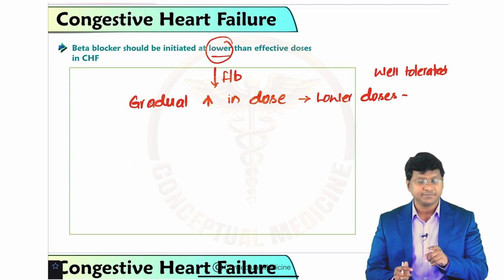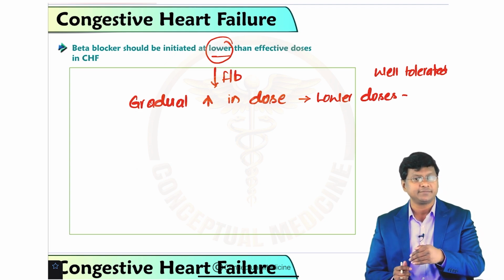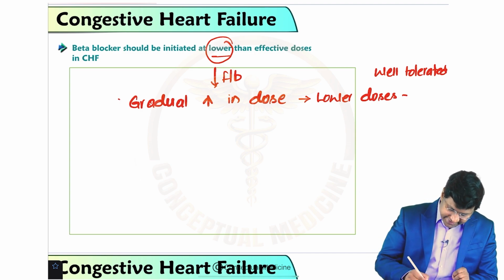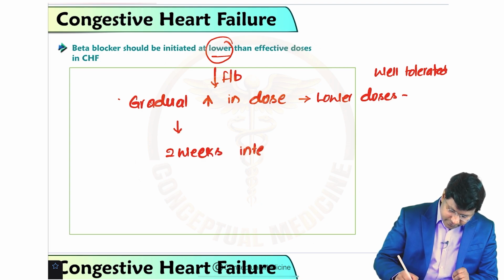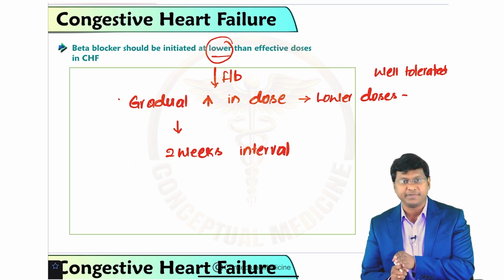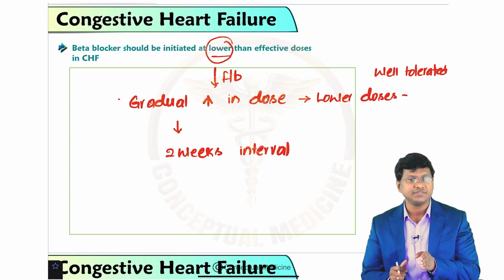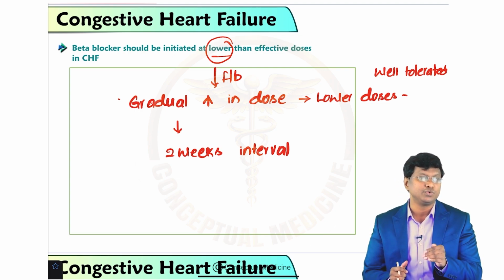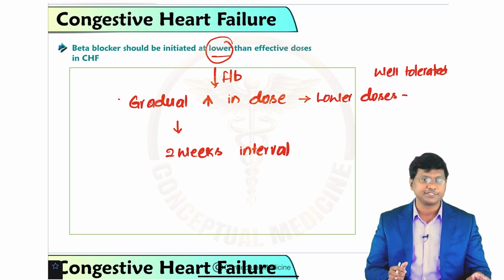And the titration of the beta blockers should proceed no more rapidly than a 2 weeks interval. So that gradual increase in the dose should be at a minimum of 2 weeks interval, because the initiation and increasing the doses of these agents may lead to worsening fluid retention.